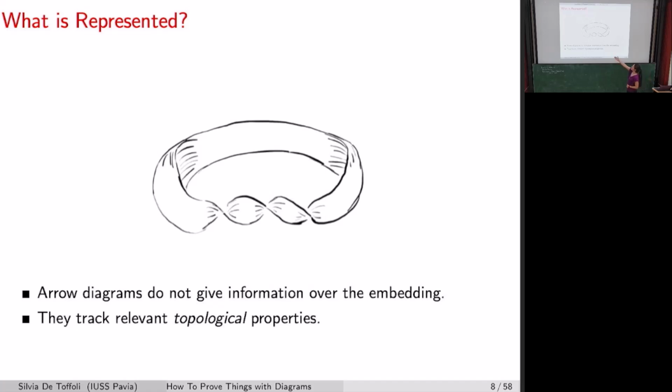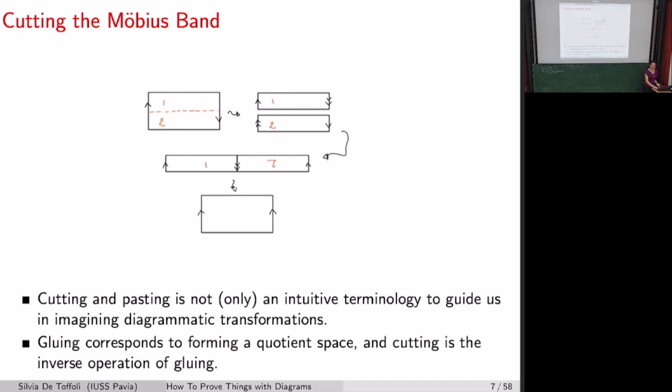Arrow diagrams do not give information about the embedding. So when I have the Moebius band here, the first one, I just say these two sides have to be identified twisted, but I didn't say how many half twists I did. Any odd number would do, following the instruction correctly. And so in this case, we would obtain a twisted cylinder, but still a cylinder.